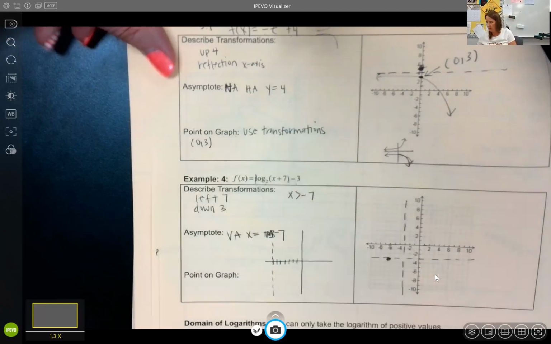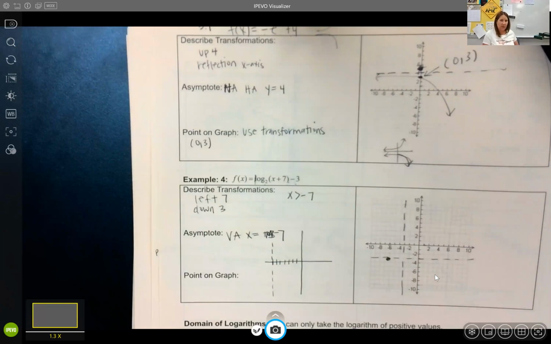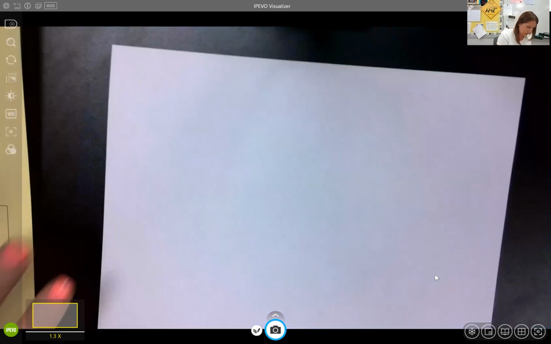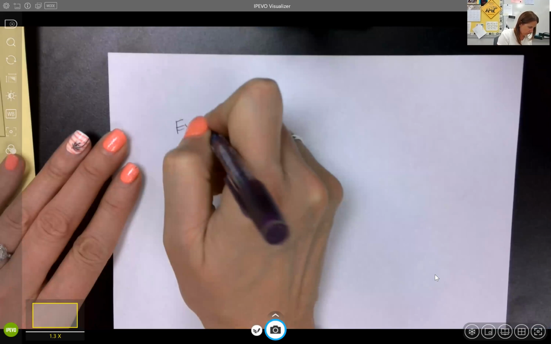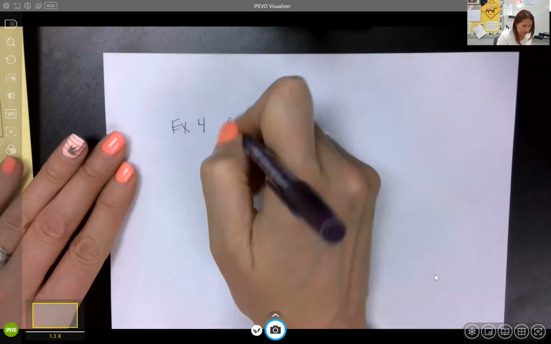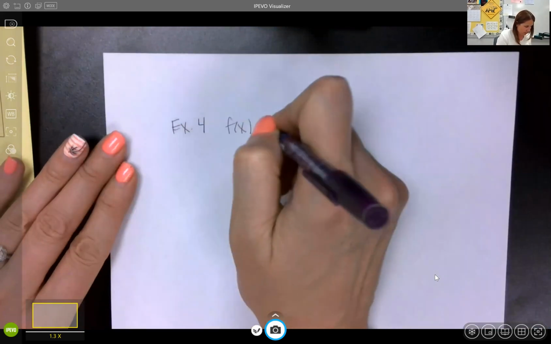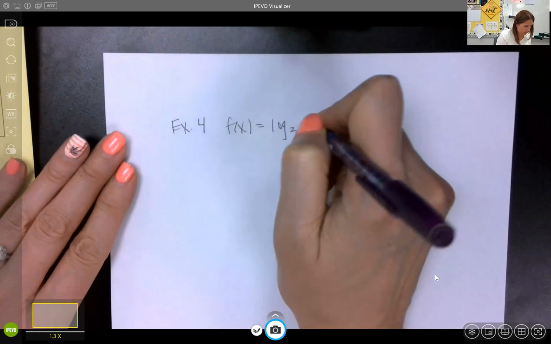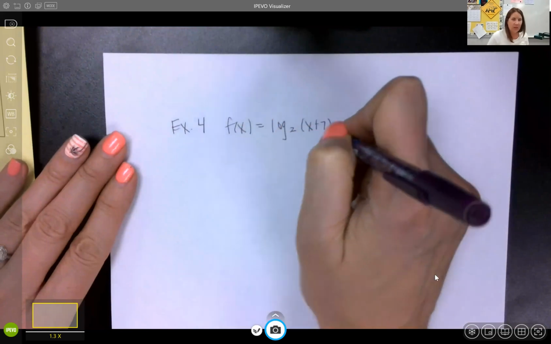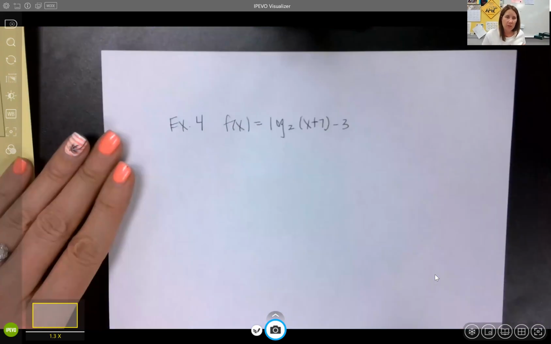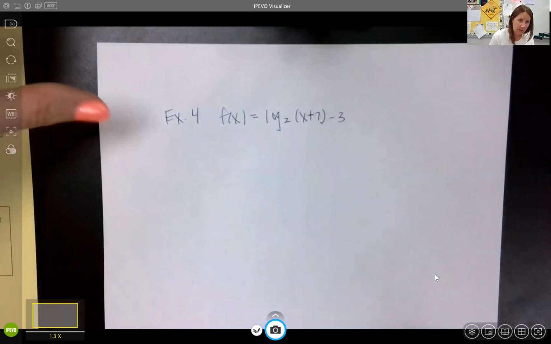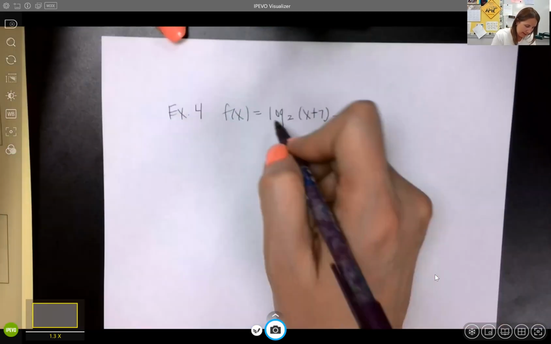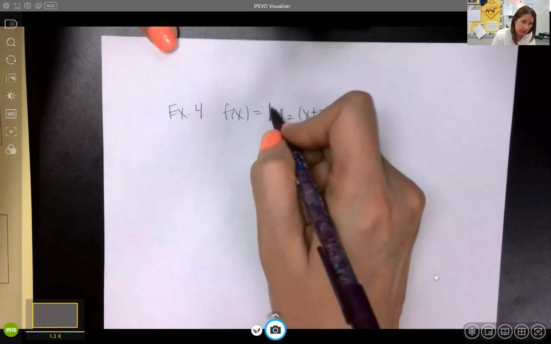Okay, so what I'm going to do is start this one over and get our asymptotes right. This is a log graph. This L has a straight up and down line.